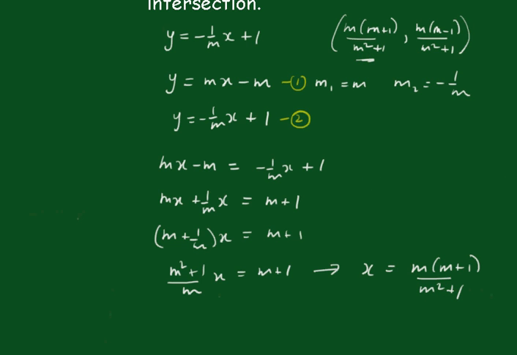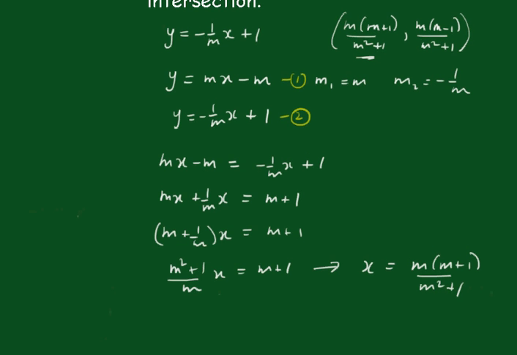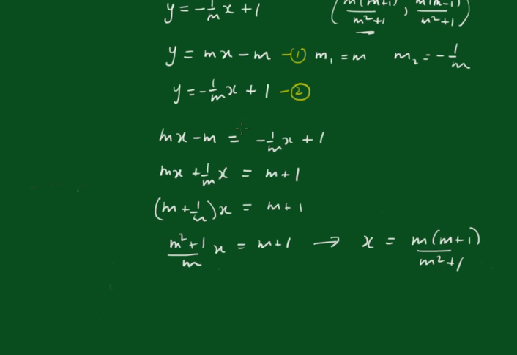Now, substituting that back into this equation here, we'll have y equals m times m times (m plus 1) over (m squared plus 1) minus m.